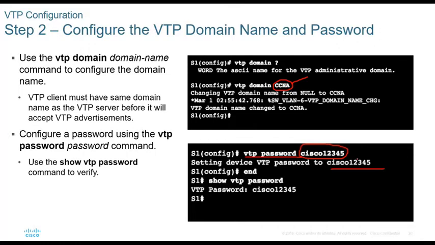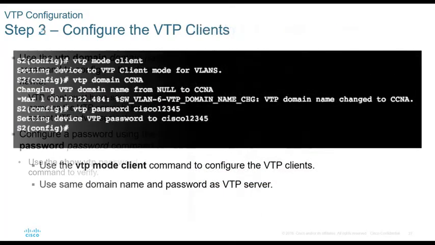Now, to check the VTP password for that particular server, for example, if you just wanted to review the password entered, you issue the command show VTP password. So this is the entire part of the server configuration.